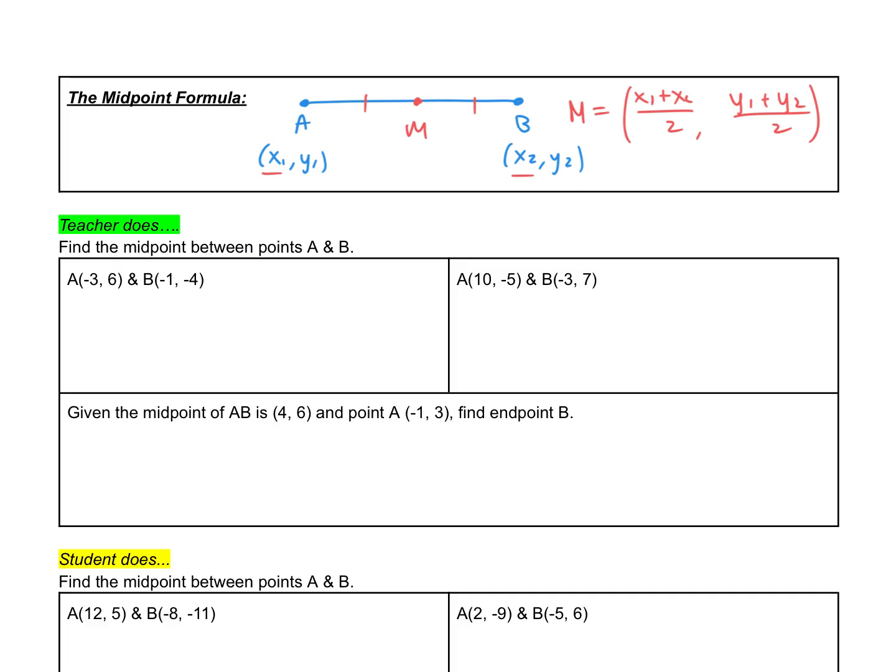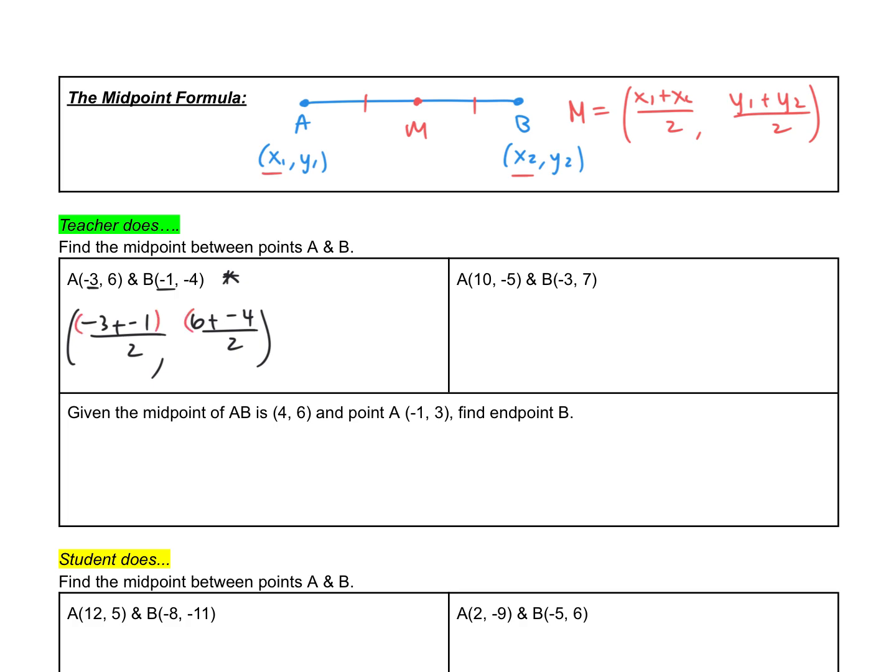Okay, so let's do some examples. This first example, we have the 2 points. We are finding the midpoint. All we do, add the x values. So -3 add -1, and then we're going to divide by 2. Add the y values. So 6 add -4, and I'm going to divide by 2. What do I do first, the adding or the dividing? Okay, so here is the thing that is kind of tough with a fraction.